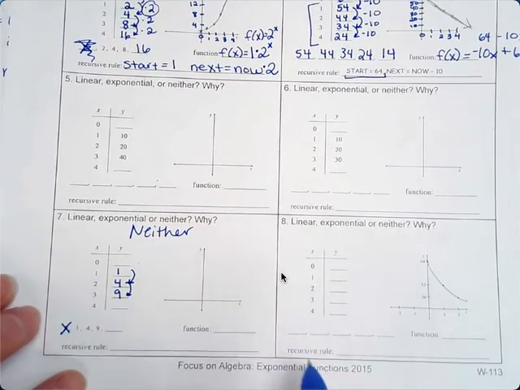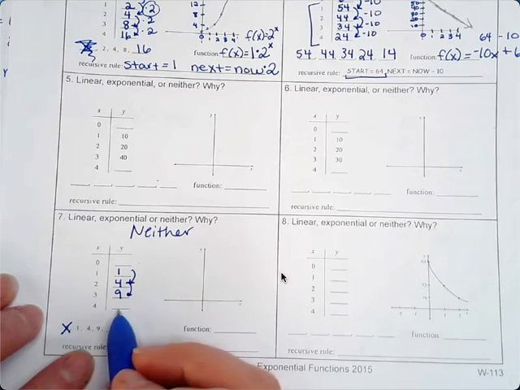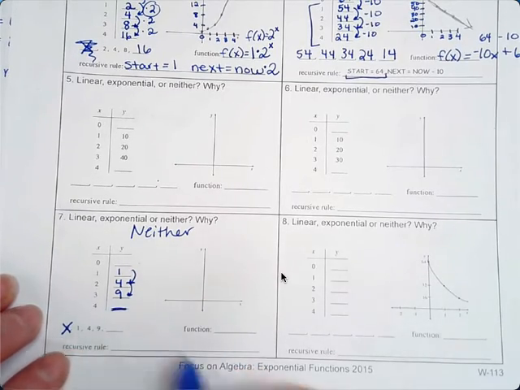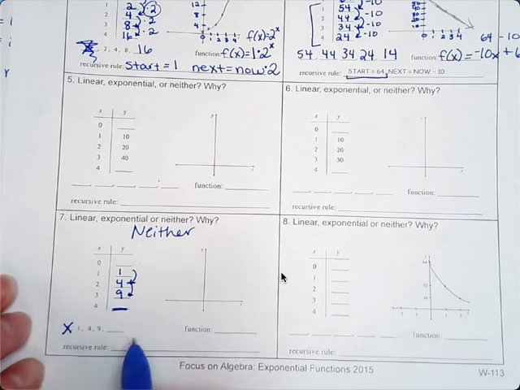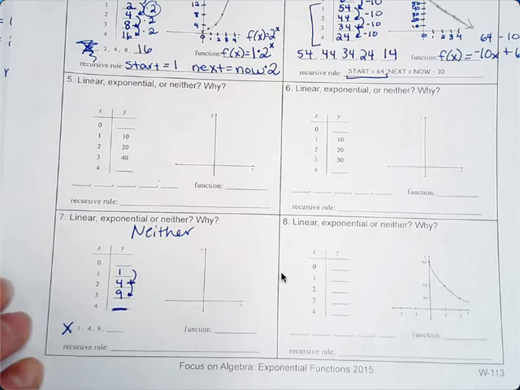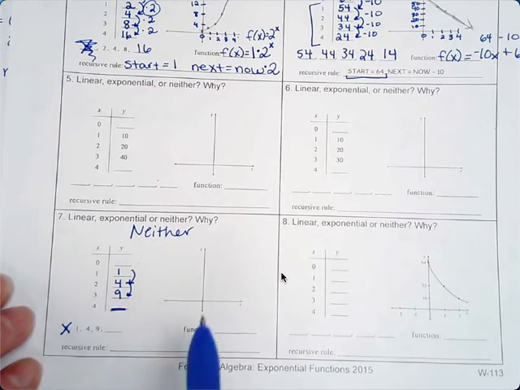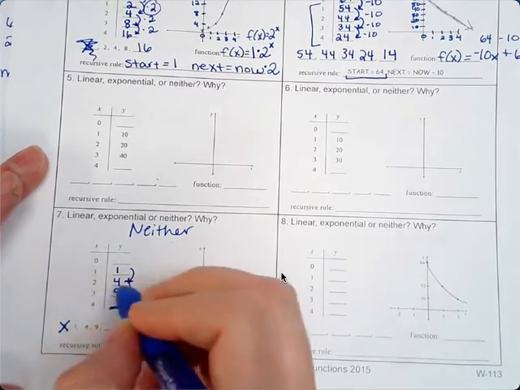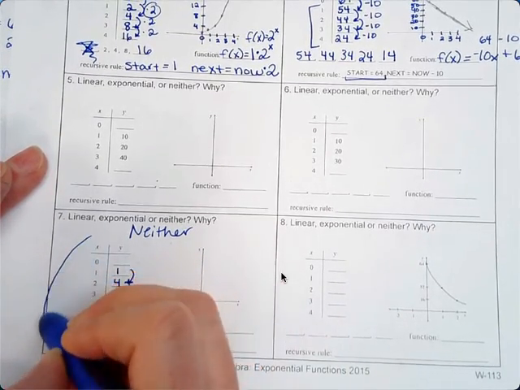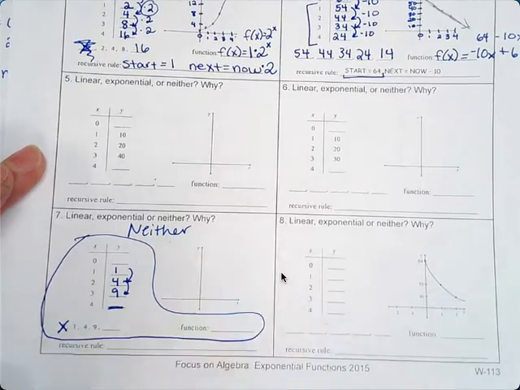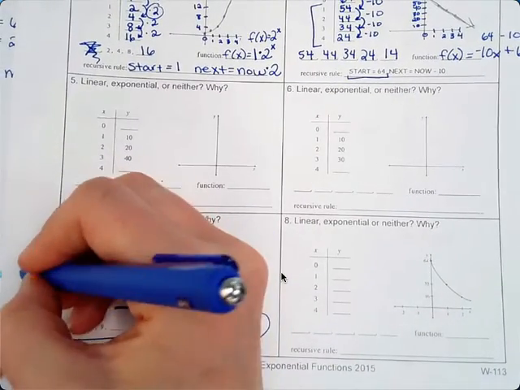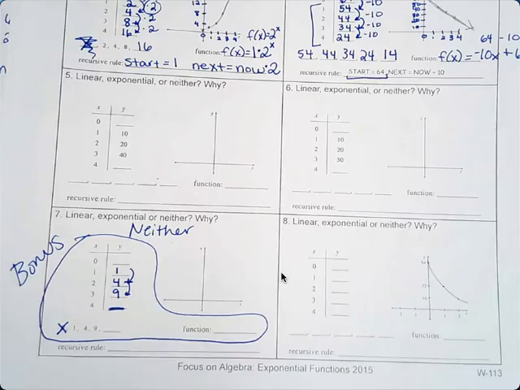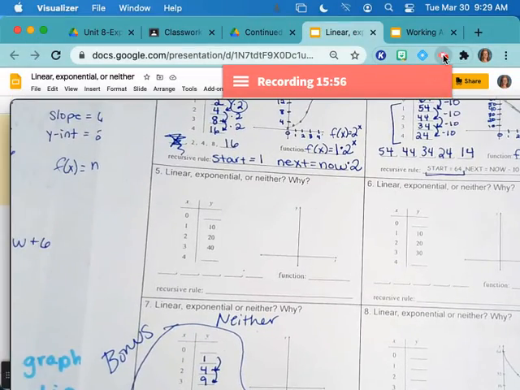And bonus, if you want to find out what the function is and what the rule, what the sequence looks like. So you definitely want to have neither on there, but bonus would be if you could finish this out. You don't have to graph it, just finish that out. Okay, this is due tomorrow.